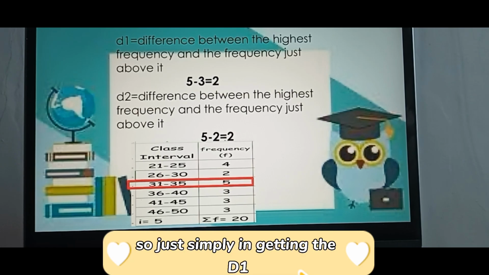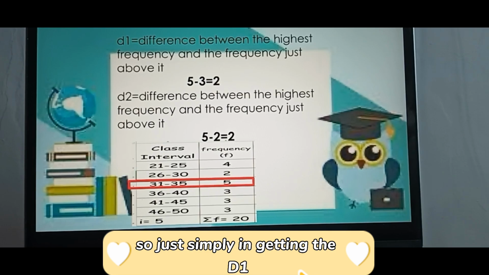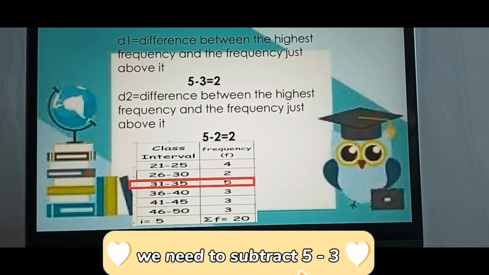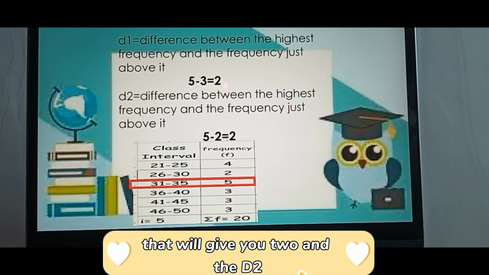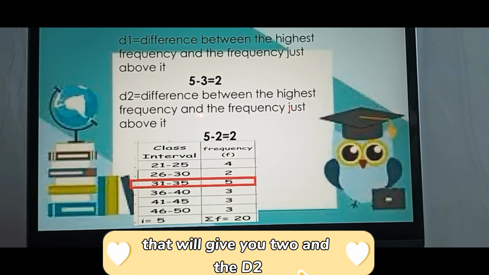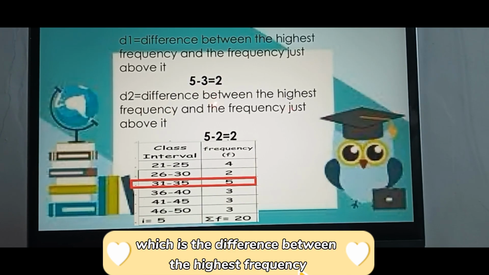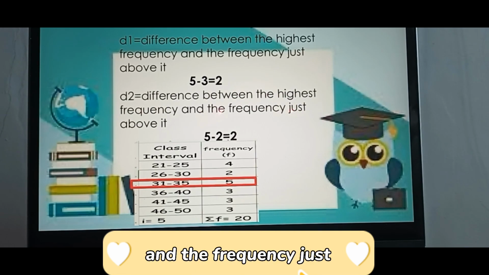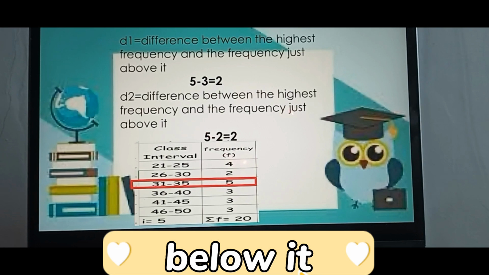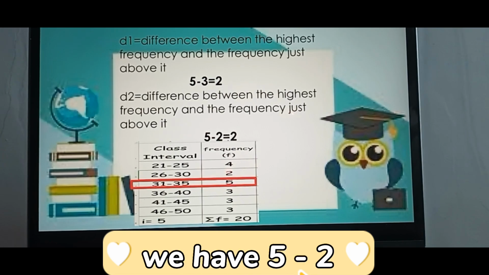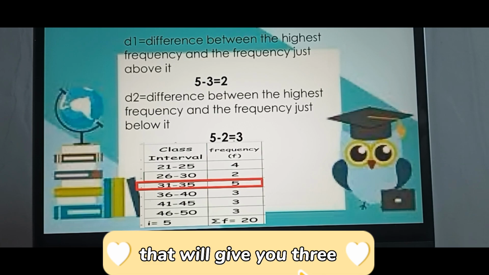So to get D1, we subtract 5 minus 3, that will give you 2. And D2, which is the difference between the highest frequency and the frequency just below it, we have 5 minus 2, that will give you 3.